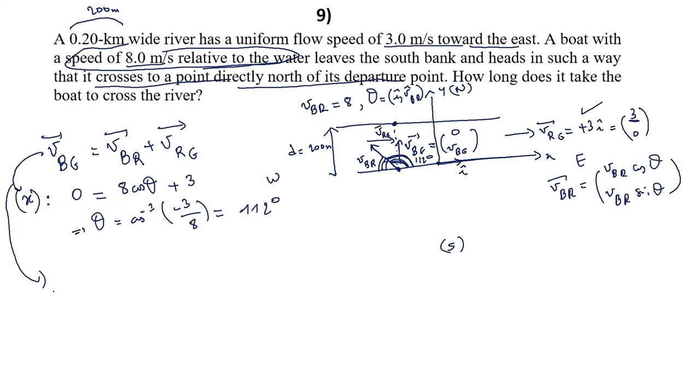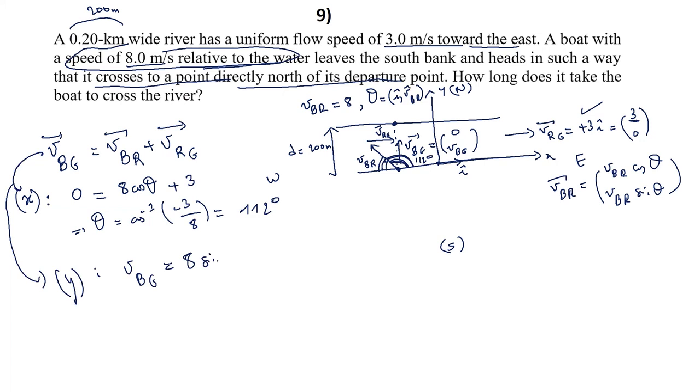Now I will project it along y. Along y, I will just have VBG along y, which is just VBG in magnitude, equal to VBR along y. What is VBR along y? It's just 8 sine theta.